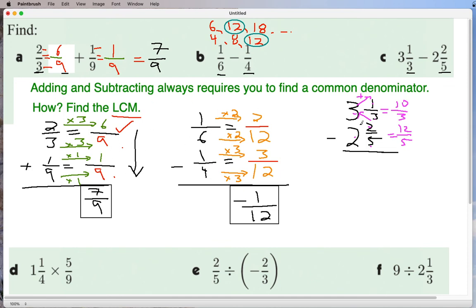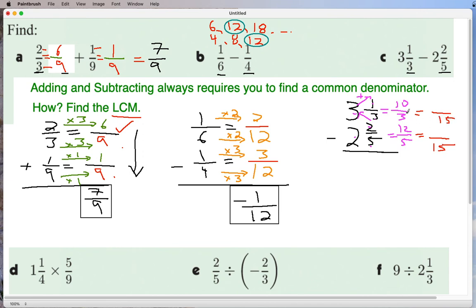All I did was find the common denominator. So what we're going to do is find an equivalent fraction with the common denominator. So if this is the case, what's the lowest common multiple between 3 and 5? Well, if you keep multiplying 3 and 5, you'll eventually get them matching at 15.